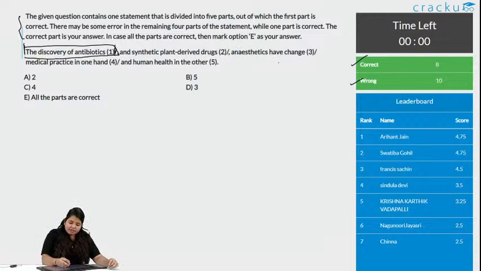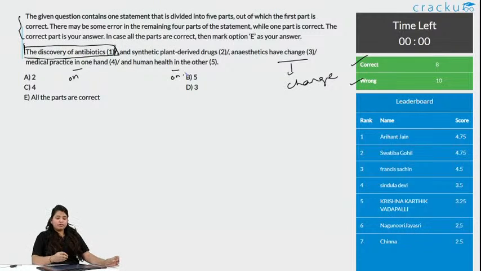So, the first error I have found here is it should be have changed medical practice in one hand and human health in the other. So, here is a very important thing to notice for the preposition purpose. Here it should be on one hand and human health on the other.